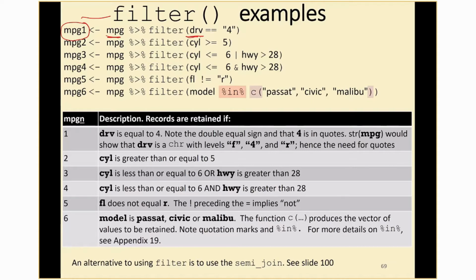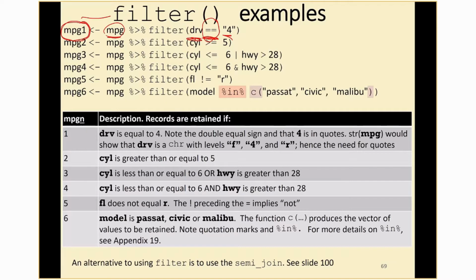And what we want to have happen is that MPG1 should only contain some of the records of MPG. It's going to have all the variables, but only some of the records. Which records it's going to have? It'll only have those records for which the value of drive is equal to 4. So what we're doing is we're performing a logical test here with a double equal sign so that the only records that are retained are those for which drive is equal to 4.